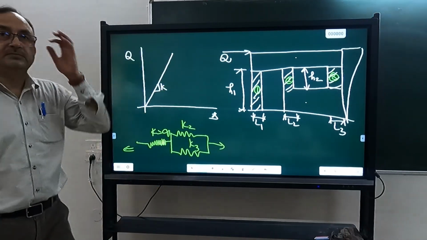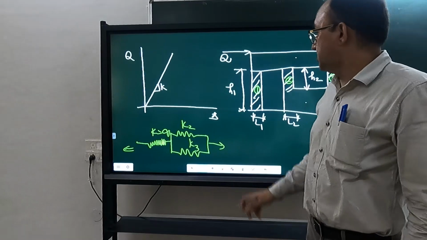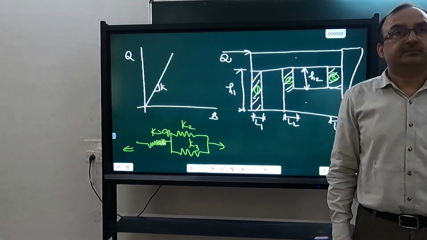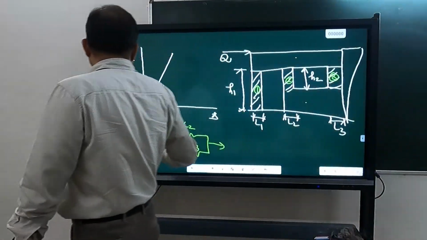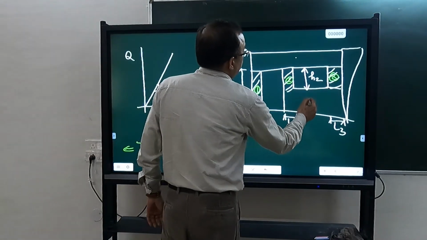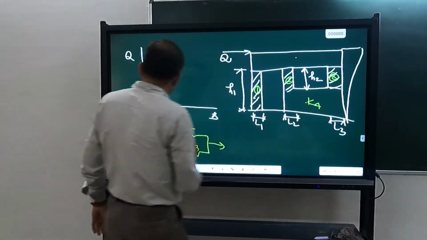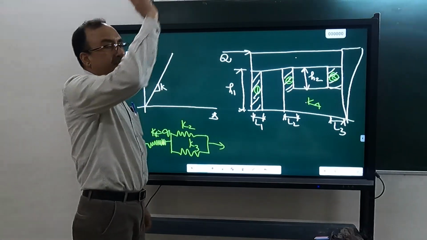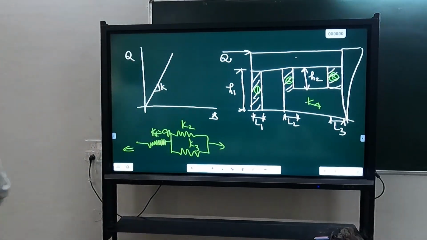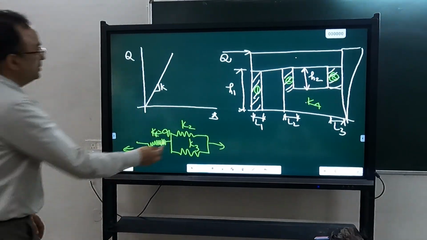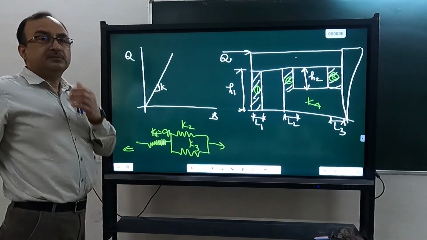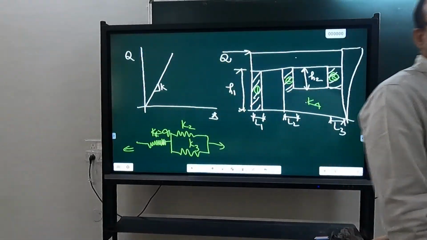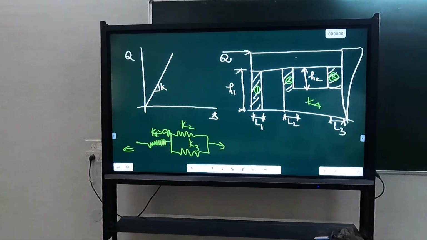Can you tell me? This K4 tends to infinity, and K2 and K3. I assume this to be infinite. What will be the stiffness of this assembly? K2 plus K3 infinite plus something. Infinite? Try it and see. Infinite plus something equal to infinite.